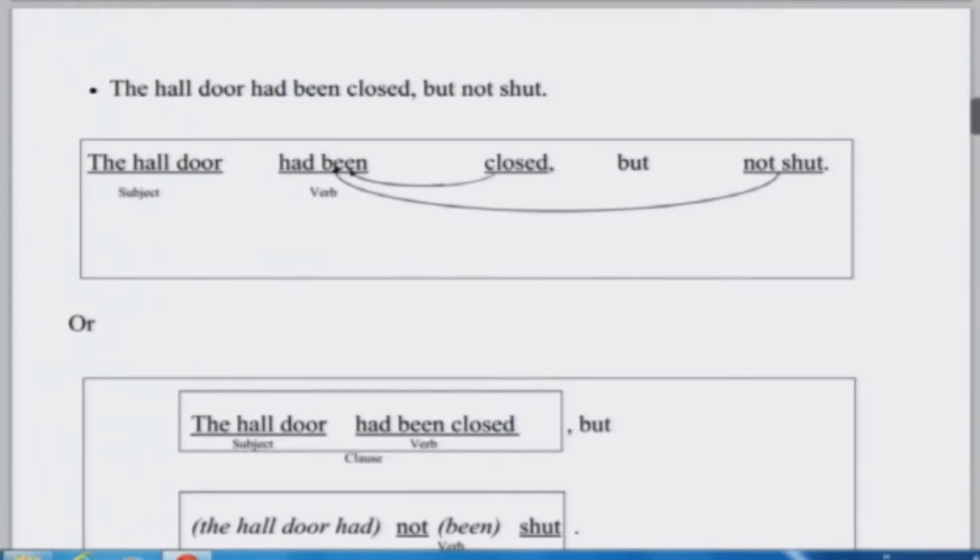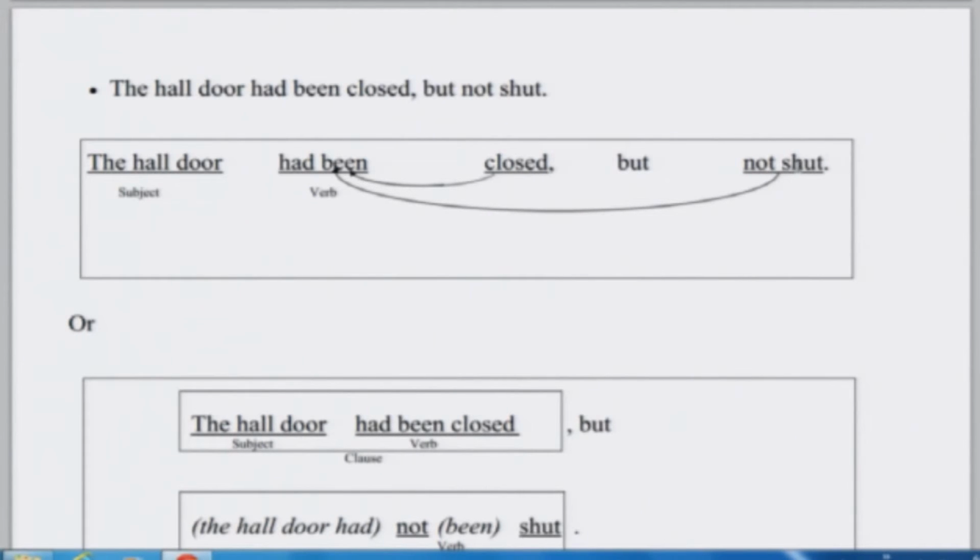We continue. The hall door had been closed, but not shut. Now, here several parts can be interpreted in several ways. The hall door had been what? Closed but not shut. Closed is an adjective, you know, third form.